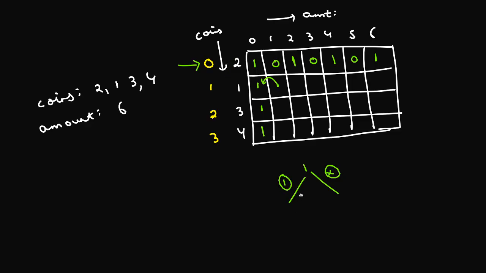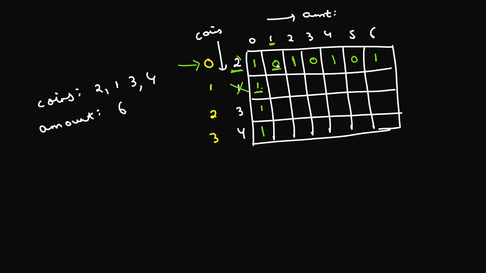So what happens there is, in order to calculate this value, you will be considering this value if you use the coin of denomination 1. But if you don't use this coin at all, that means that you are only stuck with this coin. And if you have to create an amount of 1 using just the coin of 2, this is the location which you are looking at.